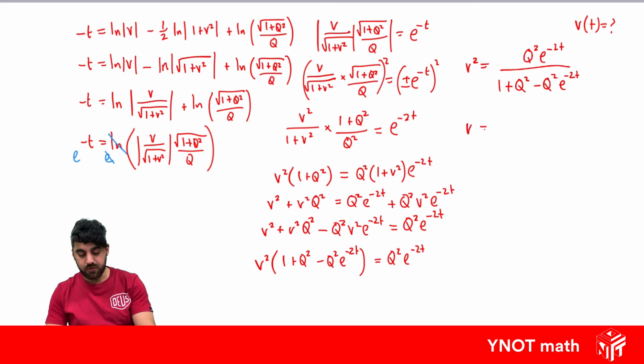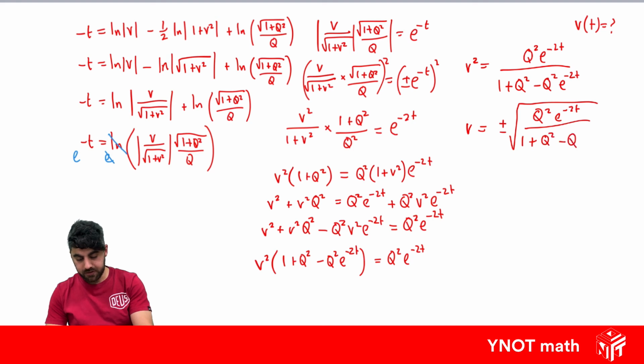And finally we can square root both sides and we'll get v equals plus or minus the square root of q squared e to the minus 2t over 1 plus q squared minus q squared e to the minus 2t.